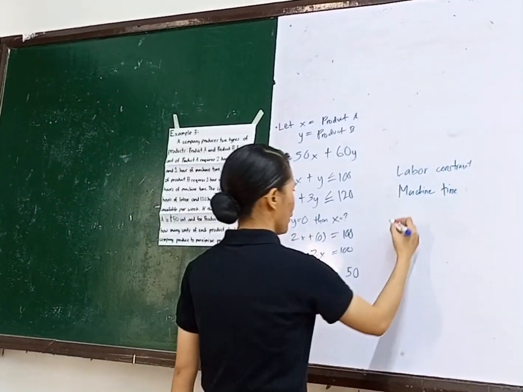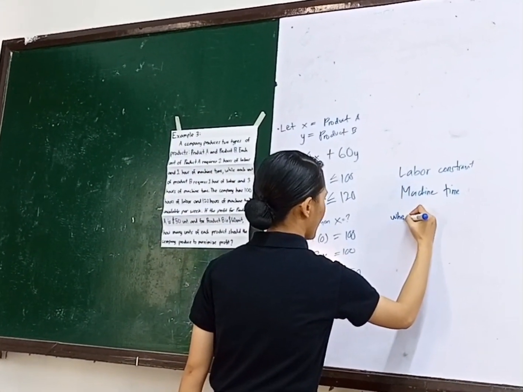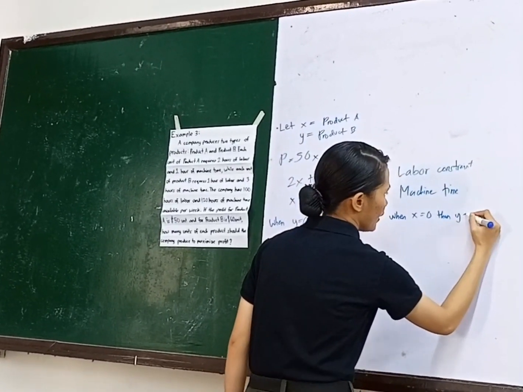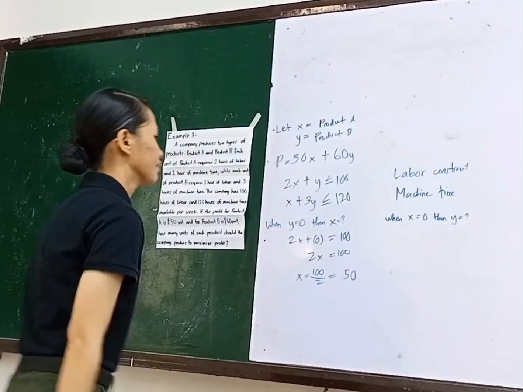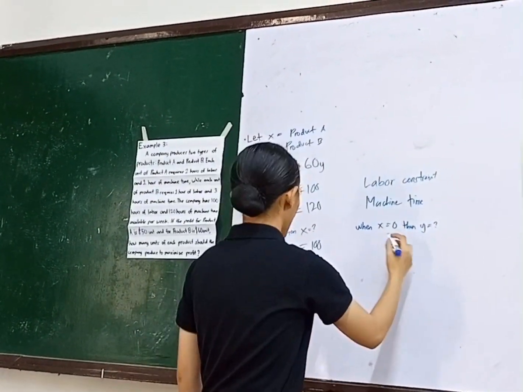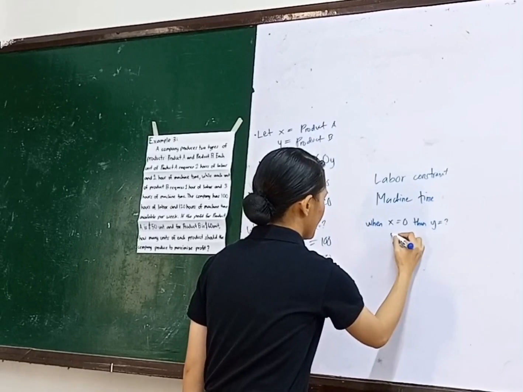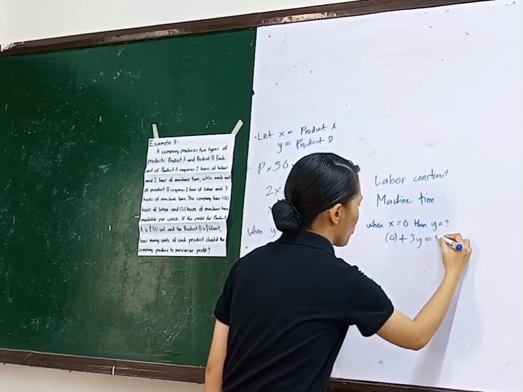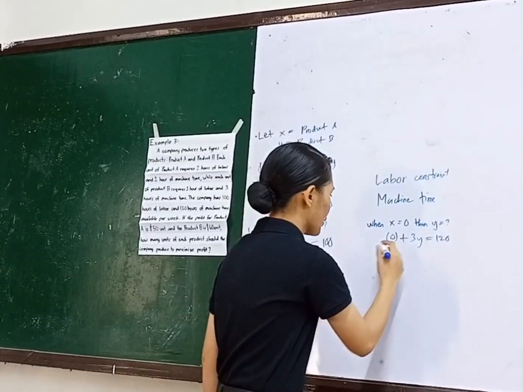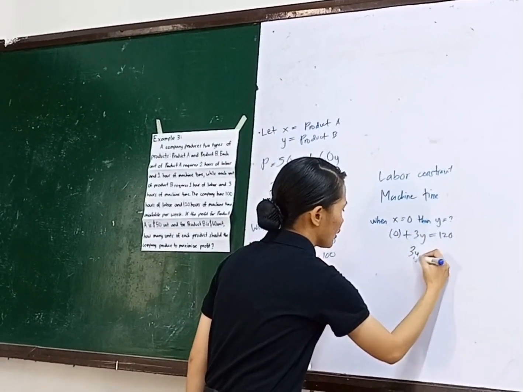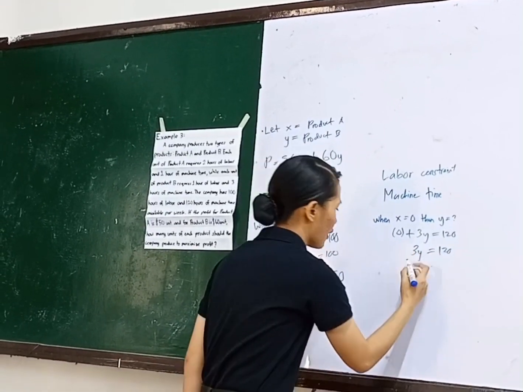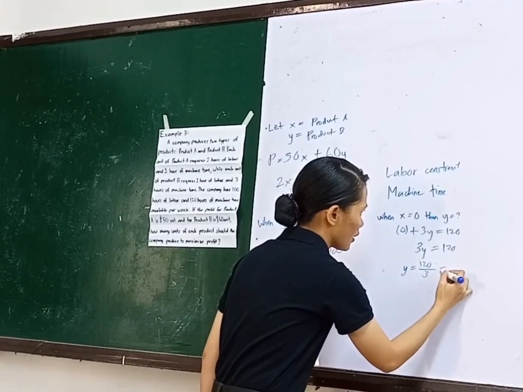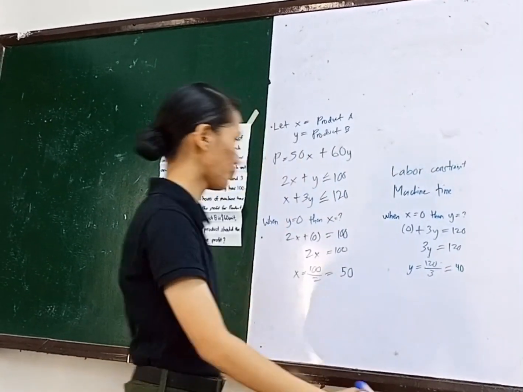And when x equals 0, then y is unknown. So 2 times 0 plus 3y is equal to 120.